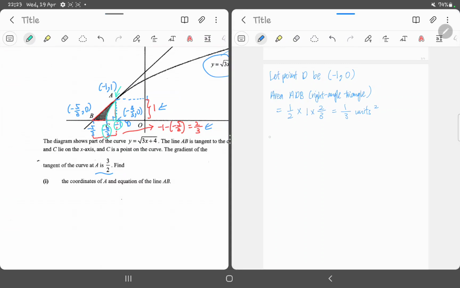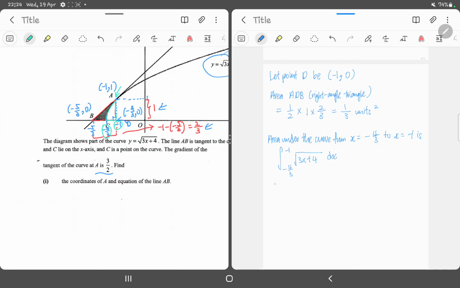So in that case, area under the curve from x equals minus 4/3 to x equals minus 1 is the integral from minus 4/3 to minus 1 of square root 3x plus 4 dx.